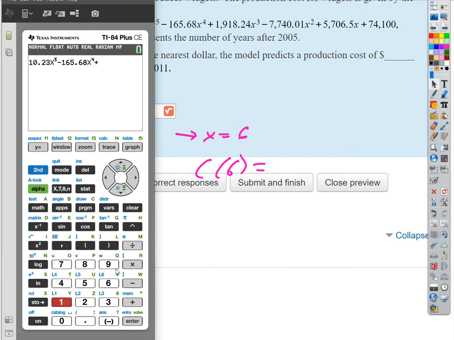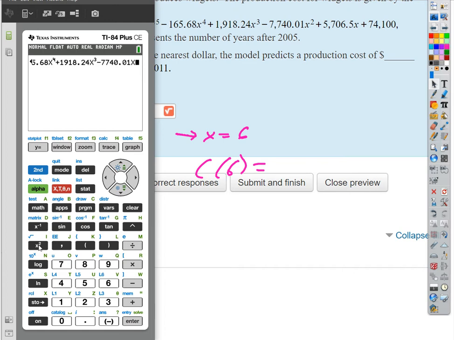Plus 1918.24 x cubed, minus 7740.01 x squared. When I do the squared, this is a little bit of a shortcut.